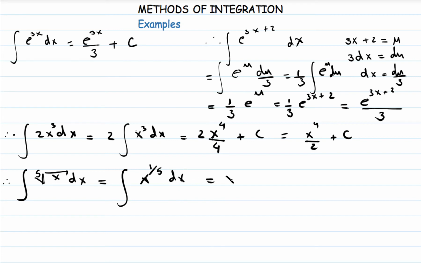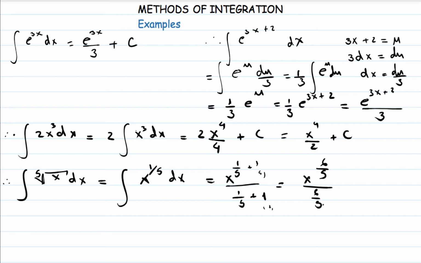So we're going to have x raised to 1 divided by 5 plus 1, divided by 1 divided by 5 plus 1. So that's what you're going to do here. Then I'm going to do LCM. This is going to be our 5 here, and this is also going to be our 5 here. As a result, this is going to give us x raised to 6 divided by 5, divided by 6 divided by 5.